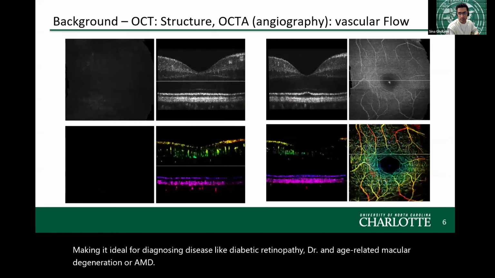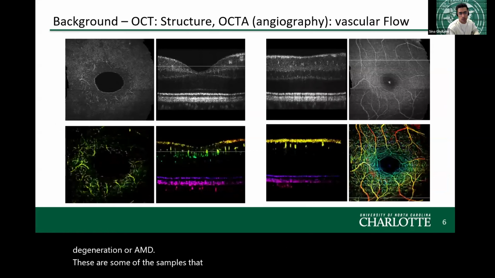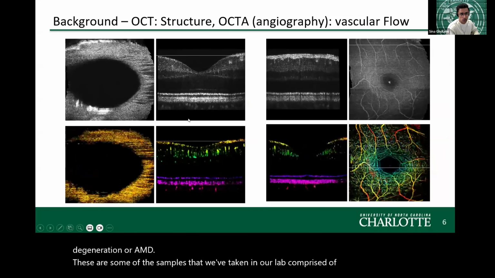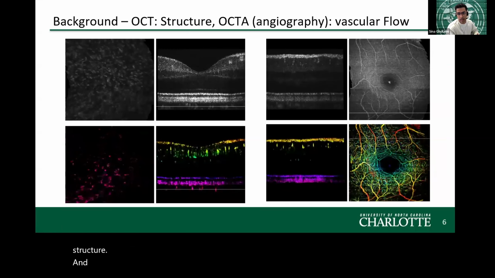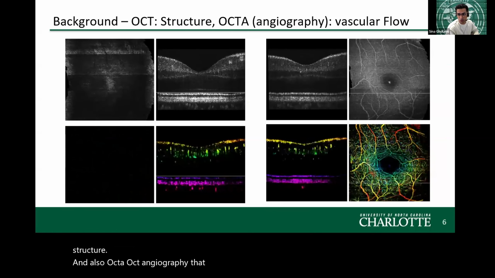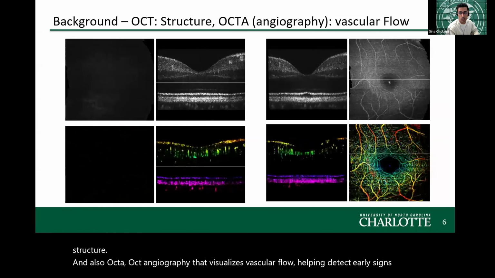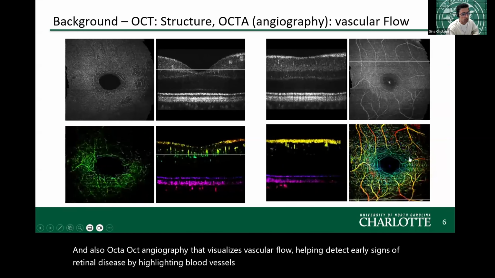These are some of the samples that we've taken in our lab, comprised of OCT that captures the structure, and also OCTA, OCT angiography, that visualizes vascular flow, helping detect early signs of retinal disease by highlighting blood vessel abnormalities.